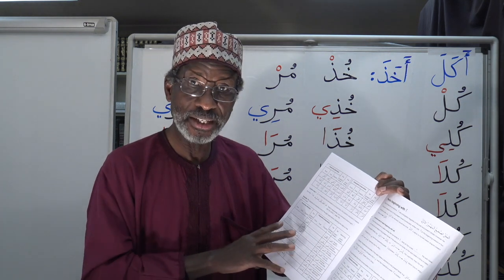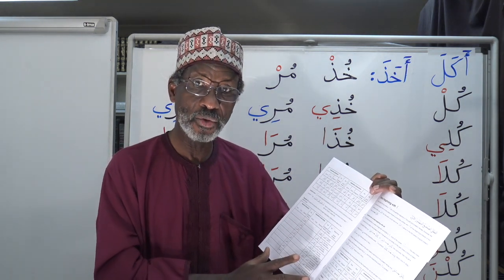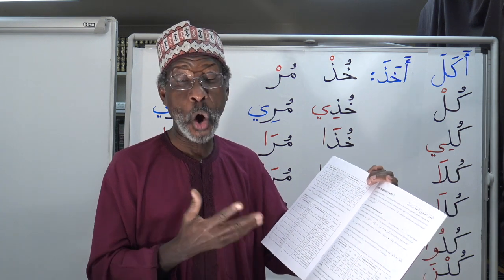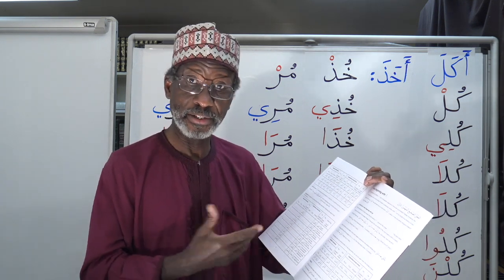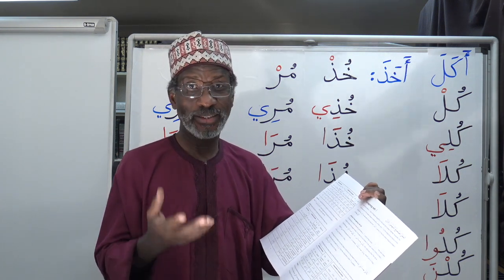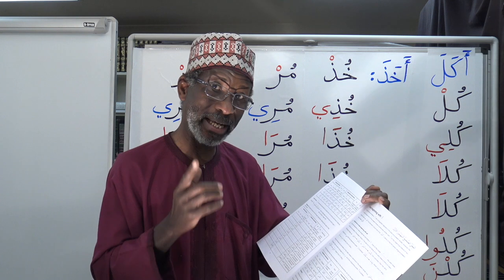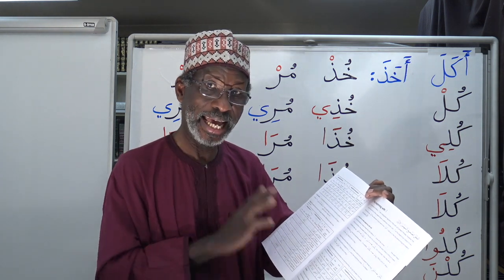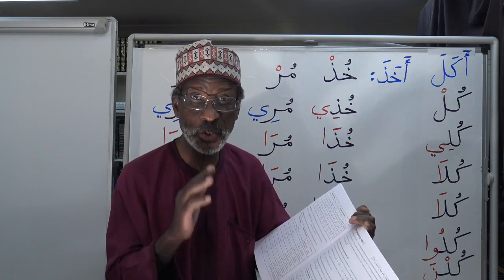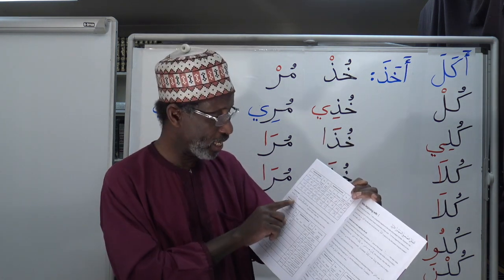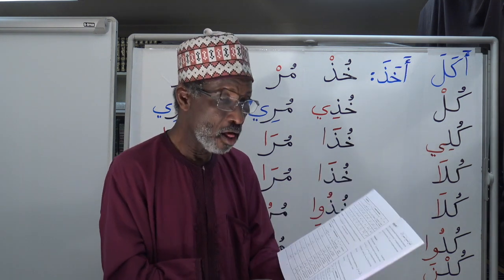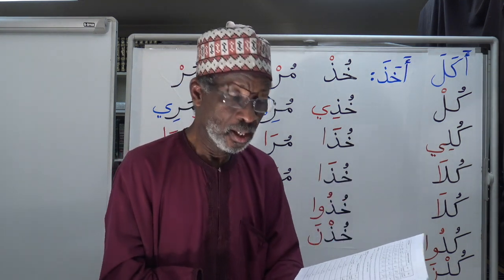Because until you can do these exercises and get them right, you cannot claim that you have understood the lesson. As they say, the proof of the pudding is in the eating. So let's not omit or miss any exercise, even if they appear to you to be very easy. Do it anyway. So please do exercise 19 on page 35.